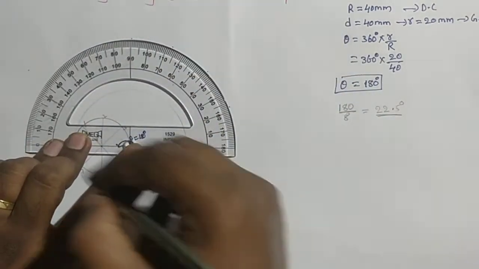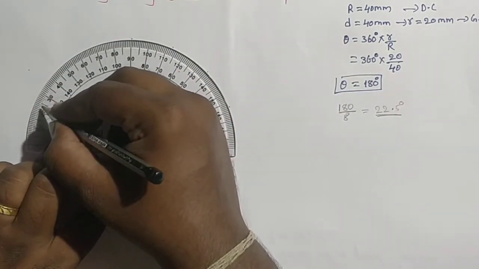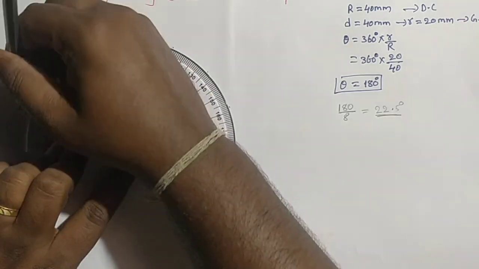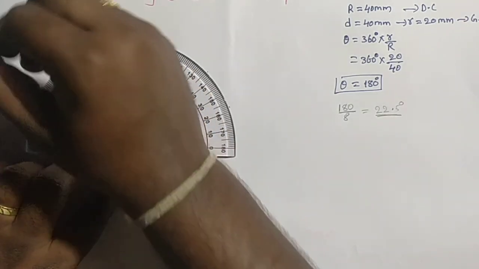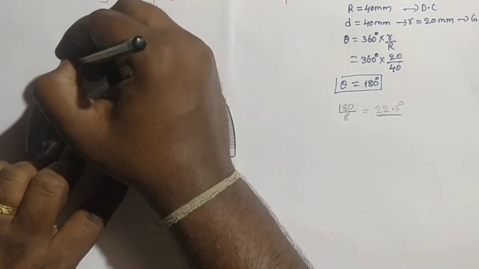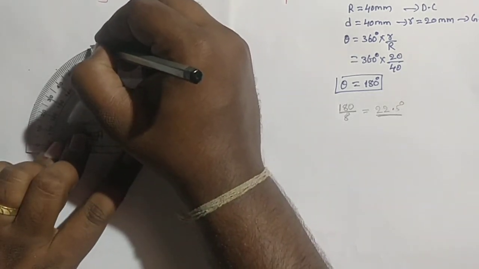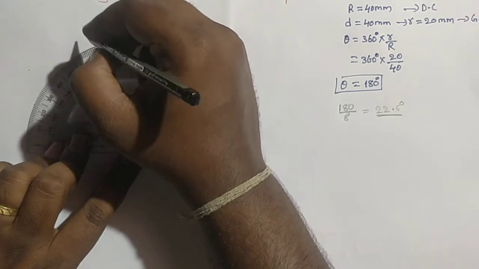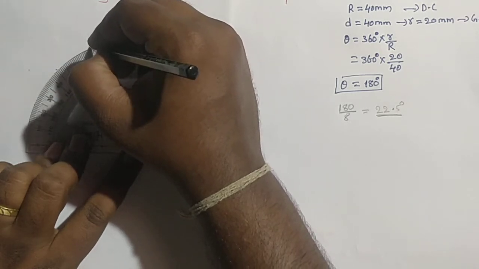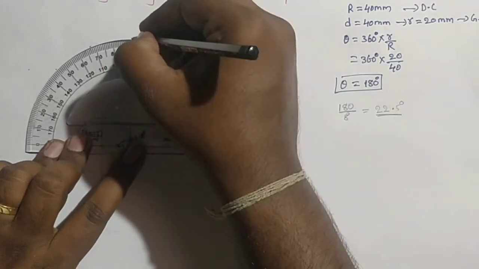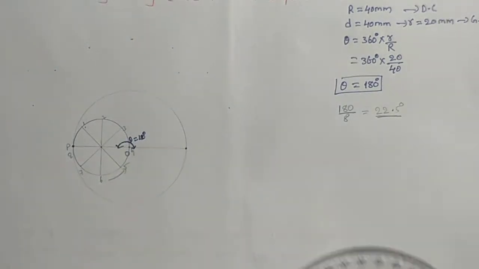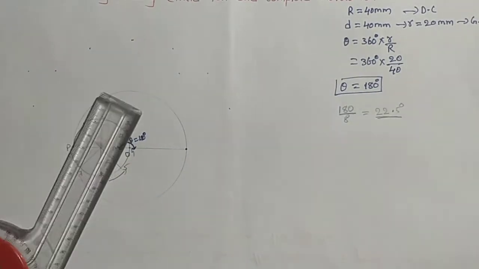Similarly from this side: 22.5, 45, 67.5, next 90. Now we have divided this circle into 8 equal parts.